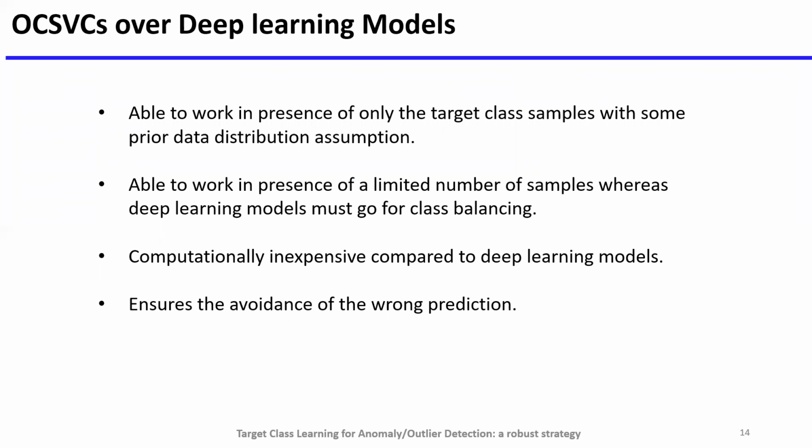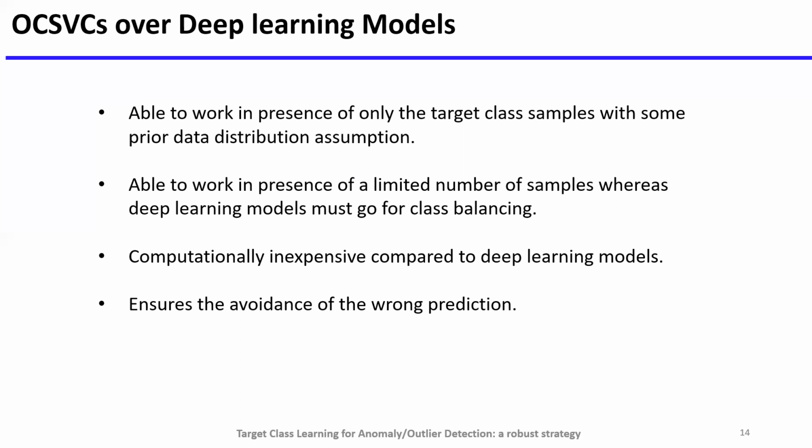So we can extend deep learning models towards anomaly detection, but we must have at least two well-defined classes. In such cases, we must balance the imbalanced classes, or if the second class is not present at all, then we must assume some hypothesis about the distribution of the second class sample.